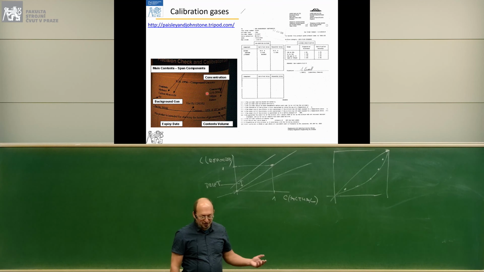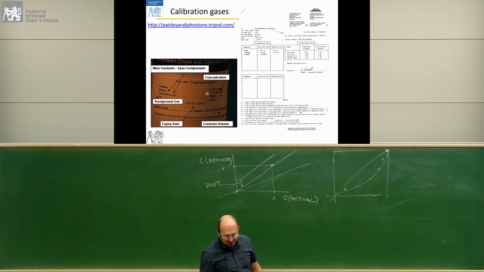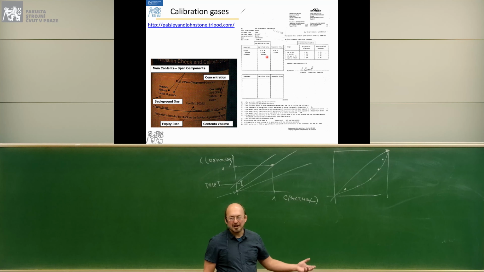And that calibration gas is a gas mixture which has some declared concentration. Now, there is the nominal value of calibration gas. For example, you want 1000 ppm of carbon monoxide. In reality, instead of 1000, you get, for example, 985.